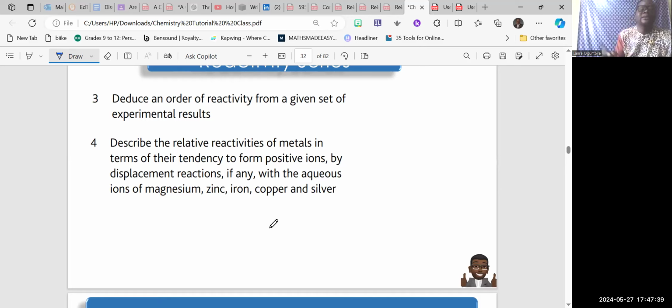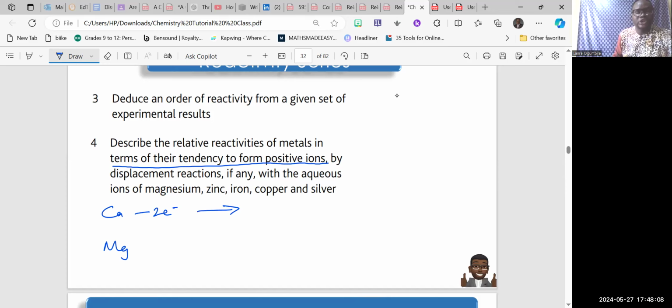Good. Now, highly reactive metals, you want to be able to link it to the tendency of metal to form positive ions. So let's look at calcium and magnesium. Which of the two has a higher tendency to form positive ions? To form positive ions means they can lose electrons.